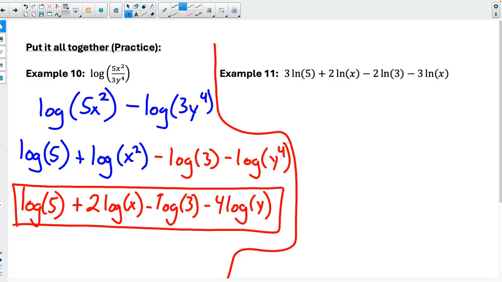Tackling 11. Kaden actually already gave us our first step. We're going to tackle the exponents. So I want you to try to put all the exponents on those numbers really quick. And then I'm going to write it.